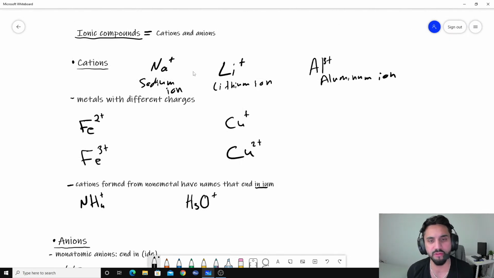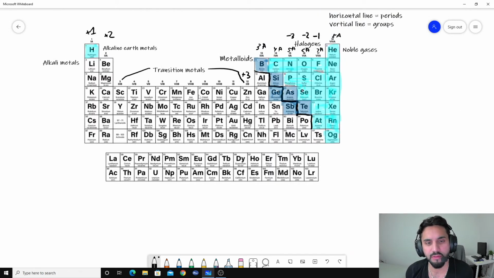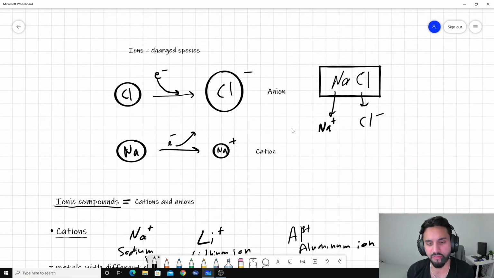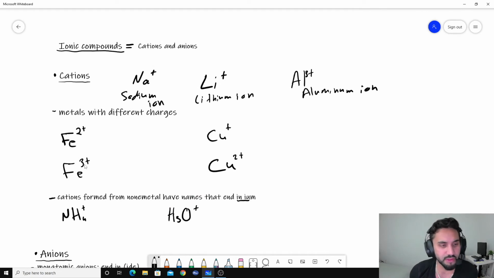Remember those transition metals in the middle? Let me show you. The reason we didn't predict their charges here at the bottom is because their charges usually vary. And here are some of the same atoms with different charges. For example, here's iron with a +2, and here's iron with a +3 charge.